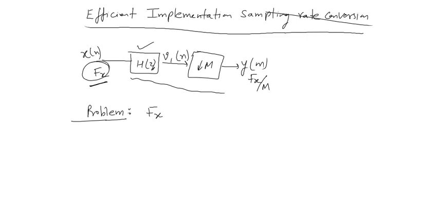Okay, obviously fx is higher. But in the output we need only every m-th sample, so we need to process only those samples. We need not process all samples in x of n, right? But we are unnecessarily wasting the computation power in this filtering process, right?